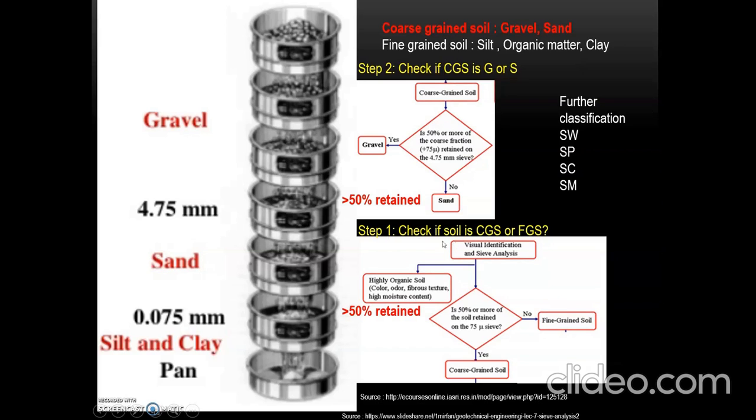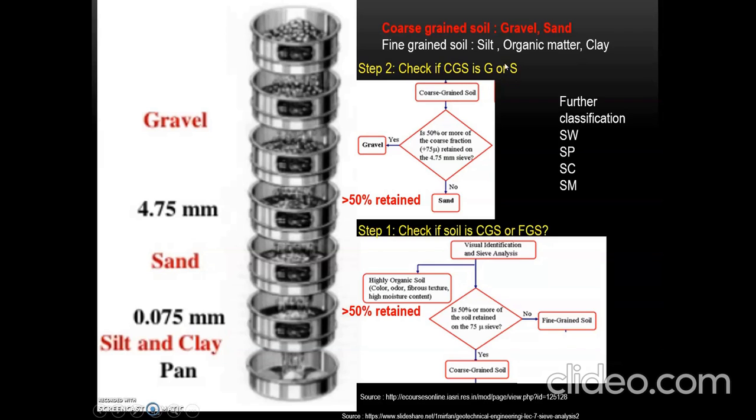So, the first step is to check whether the soil is coarse-grained or fine-grained. Now, we have understood how to classify the soil as coarse-grained and fine-grained. That is, if 50% of the soil or if more than 50% of the soil is retained on 0.075 mm sieve, it is coarse-grained, and if 50% of the soil or more than 50% of the soil passes through 0.075 mm sieve, then it is fine-grained soil.